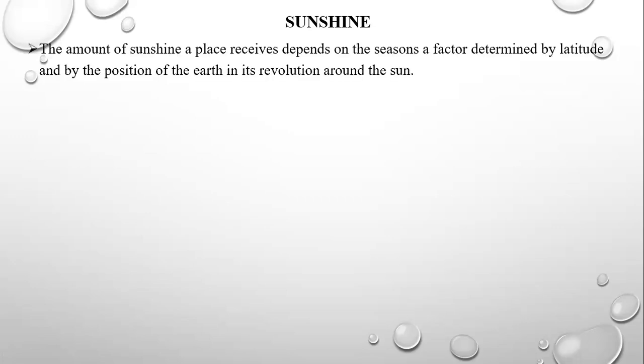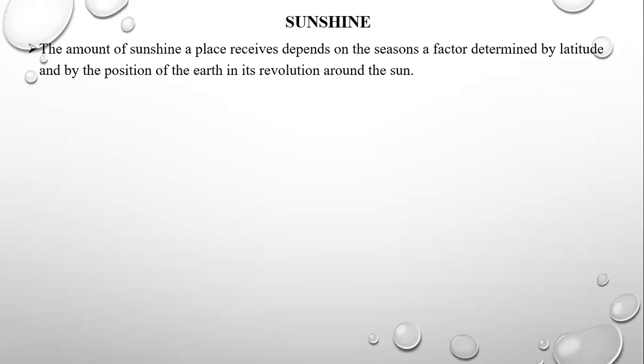Let's get straight into sunshine as our other element of weather. Now, sunshine is quite evident. I'm sure wherever you may be, you definitely have experienced some sunshine. Even in the coldest places, you experience sunshine.